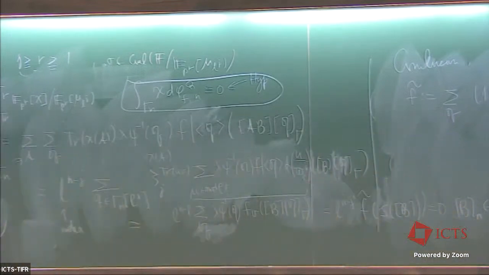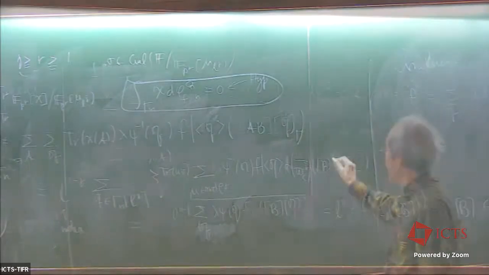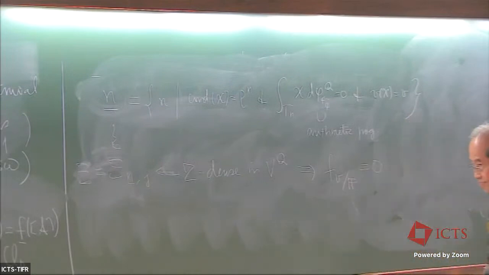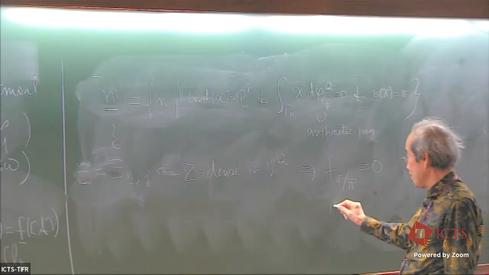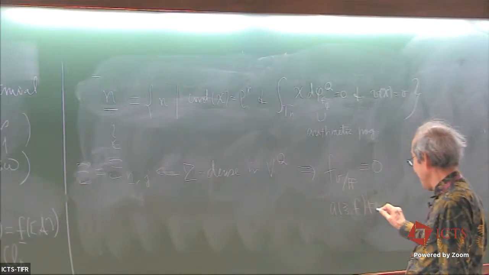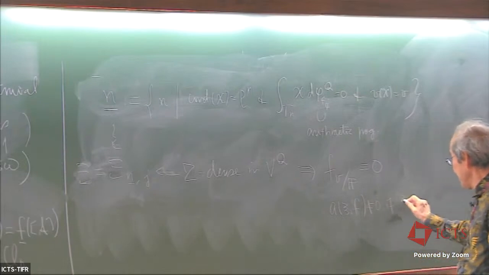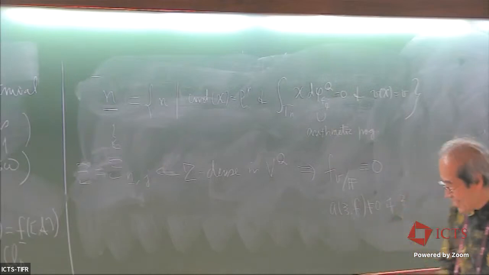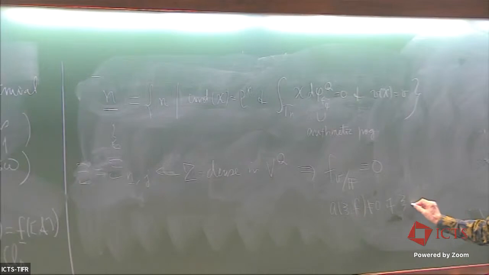So by Zariski density, fv over f will be 0. But I assumed in the non-vanishing theorem that xi(f) is not 0; it may depend on v, but at least it is non-zero.